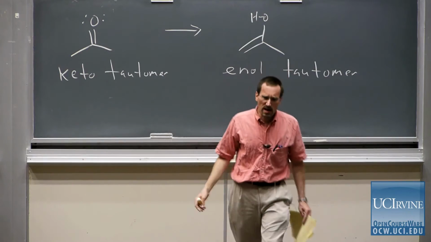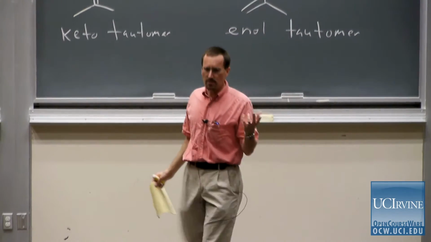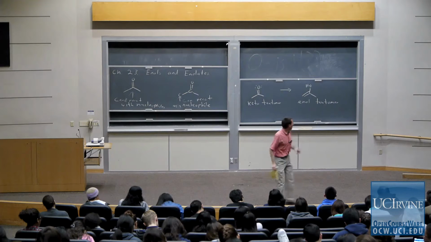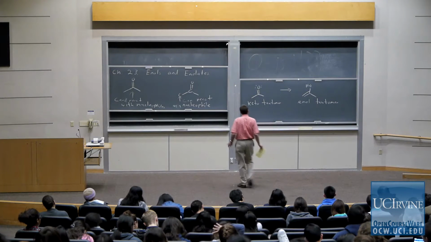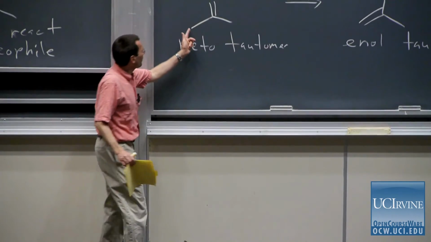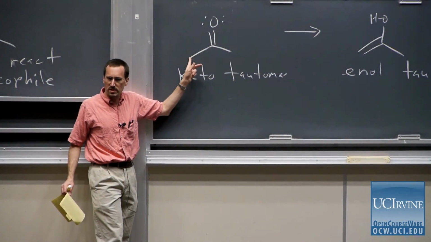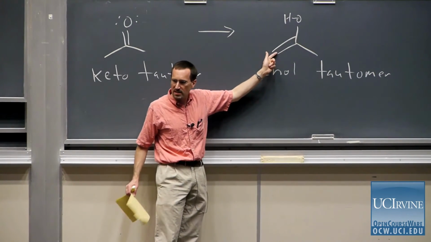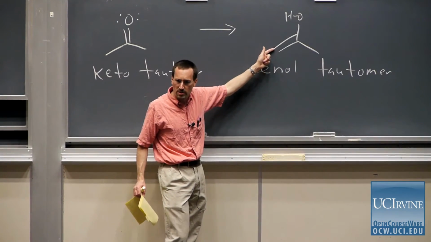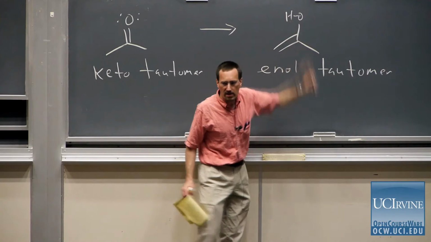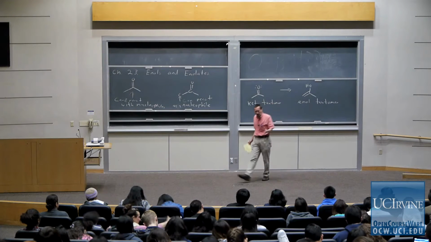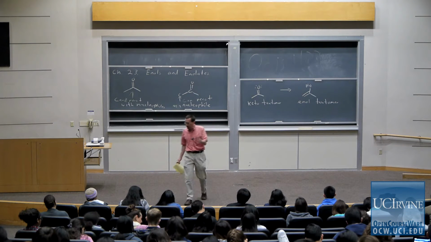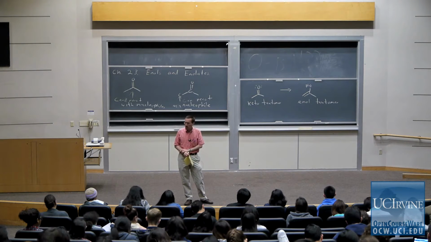Tautomer means an isomer where you've moved hydrogen around. And so you notice, of course, if this is acetone here, we have 3 hydrogens attached to this carbon. And then in this particular enol of acetone, we would have 2 hydrogens attached and 1 here. So that's the same formula. It's the same molecular formula, and yet a different arrangement of atoms.